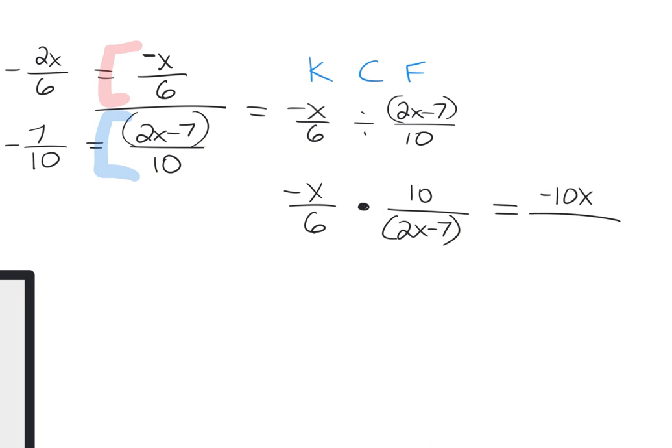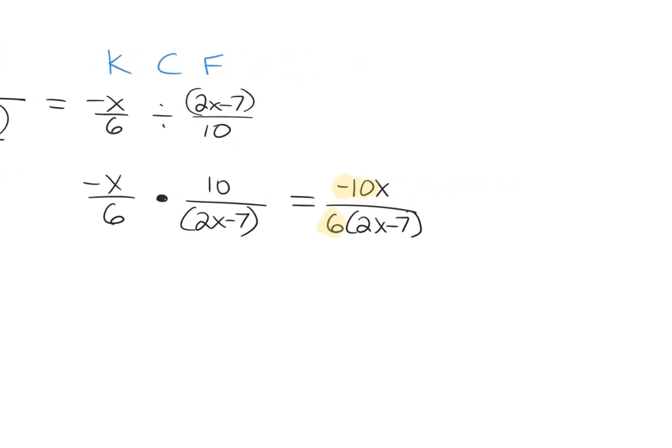And then my 6 times 2x minus 7, I'm actually not going to distribute it yet because I want to make sure that I can simplify this fraction. If I distribute that 6, then I won't know that I can reduce that fraction at all. If we look at this part, this negative 10 times x and this 6, I can reduce that negative 10 and 6.